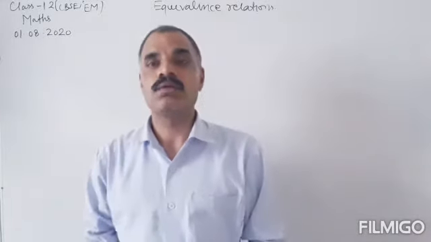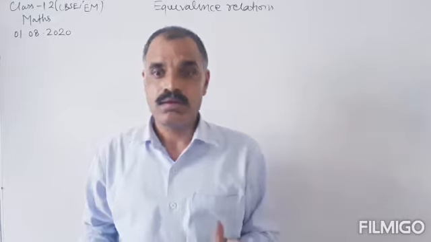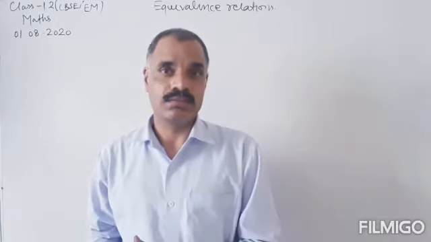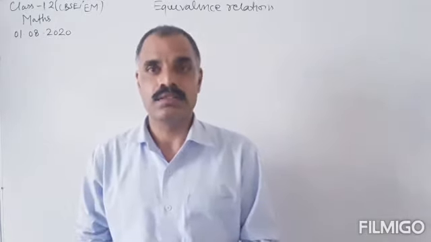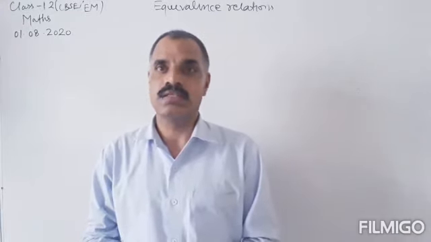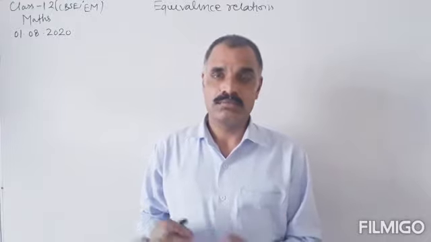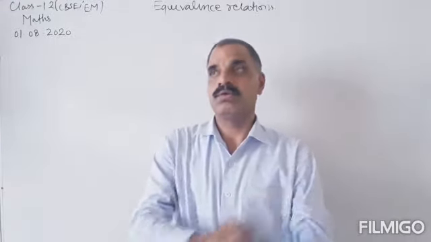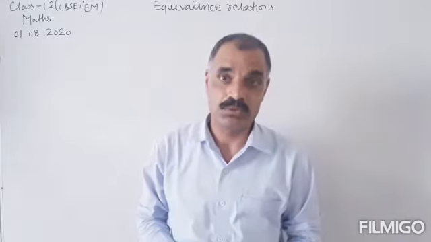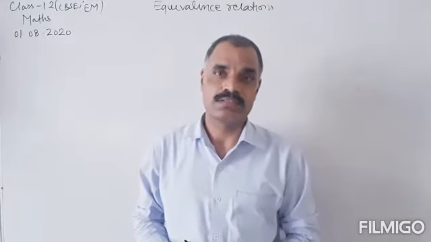Now we will move further in the study of relations, that is, the equivalence relation. So what is the equivalence relation? Before knowing the equivalence relation we should know three more relations.